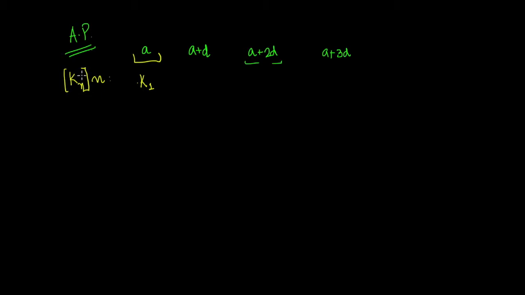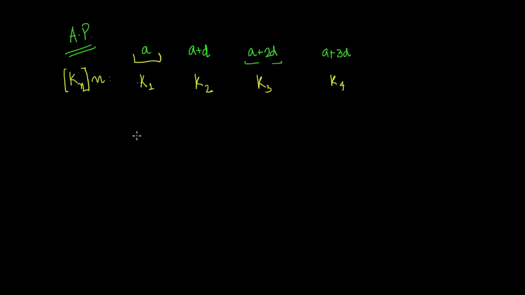K is the number appearing in my AP, A is the starting number, D is the common difference, and K sub 1 therefore means the first number in the AP. Similarly, this would be K sub 2, this would be K sub 3, and this would be K sub 4. So we notice a pattern.